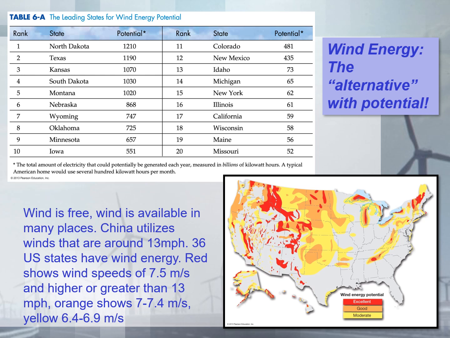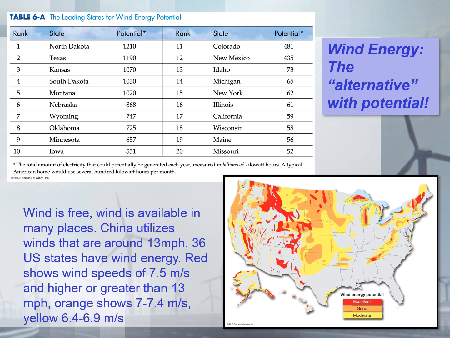Anyway, there are definitely places where wind is going to be useful and viable. Wind is free, available in many places. China utilizes winds that are around 13 miles per hour. 36 U.S. states now have windmills, including West Virginia.